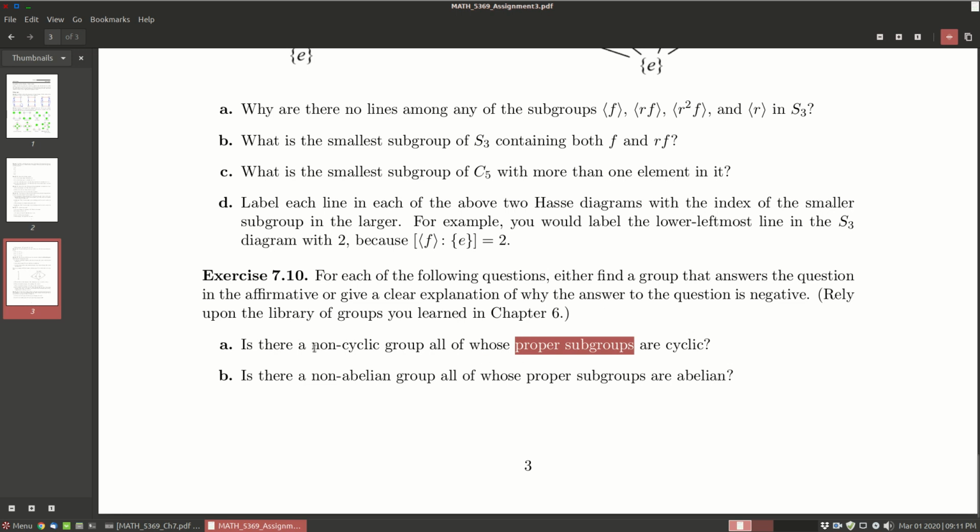Can you find an example where all of its subgroups are cyclic? Okay, and the answer is yes, you can. Is there a non-abelian group, meaning things that don't commute, where all of its proper subgroups are abelian? So meaning if I take all of its subgroups, then each of these subgroups are abelian themselves. All right, and so this is one to think about.